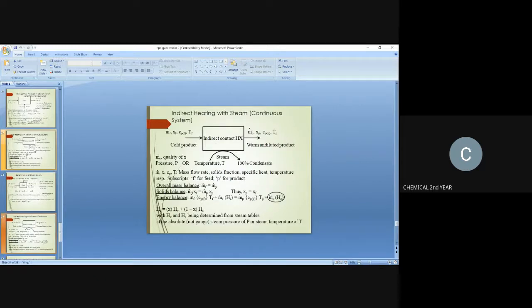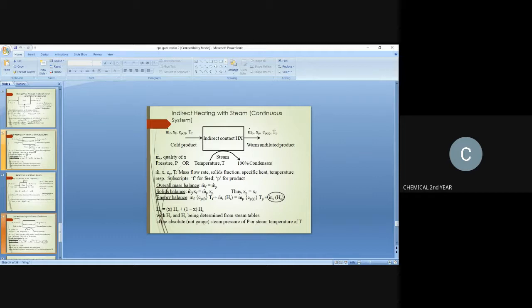Next, indirect heating with steam in a continuous system. Mf, Xf, Cpf, Tf is the whole product input. Here F is the subscript of feed, M is the mass flow rate of feed, Xf is the mole fraction of the feed, Cpf is the specific heat of the feed and Tf is the temperature of the feed.